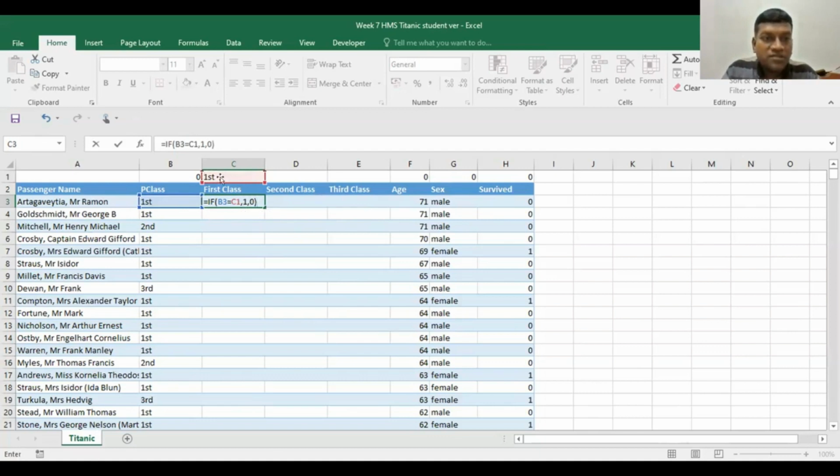And I need this C1 to be locked, and I use F1, close it, and I drag it down, copy the formula down.